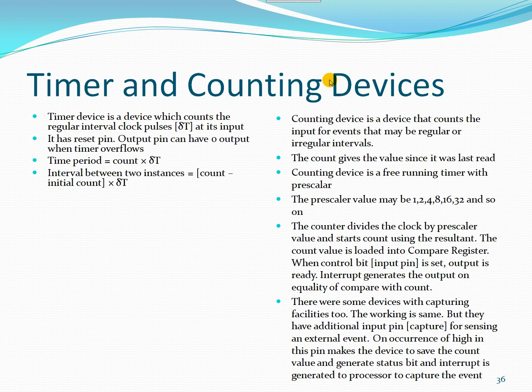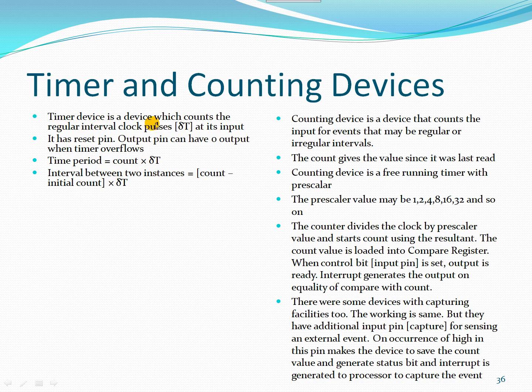By dividing those timer pulses, we will be using them for various applications like serial communication, PWM generation, ADC and DAC conversion. Those kinds of applications can be controlled by those timer modules. What are the basic differences between the timer and counting devices is mentioned here.